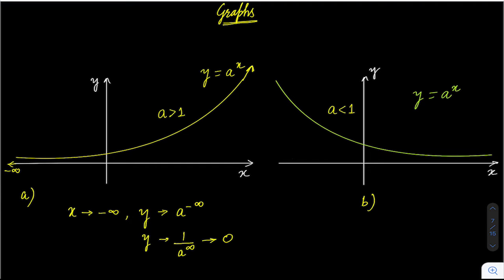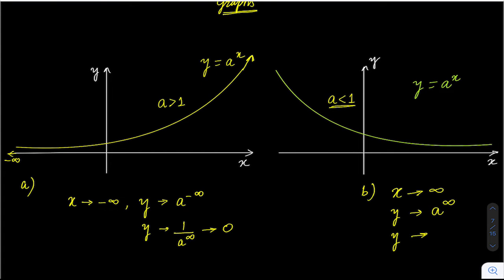Now what are the important points in this graph? Similarly, we can do the same analysis for y = a^x when a is less than 1. When x is approaching infinity, y will be a^infinity, and a is a number less than 1, for example 1/2 or 1/3.